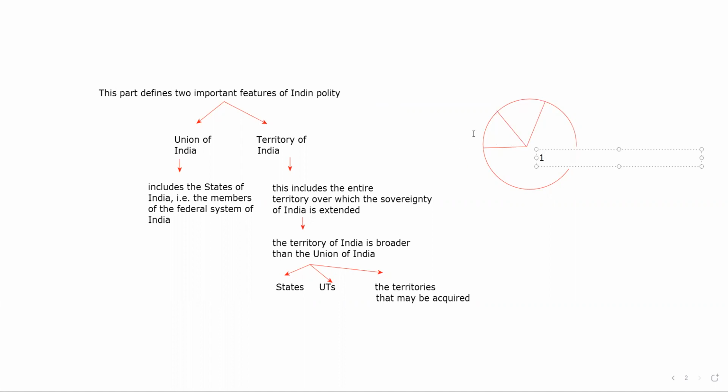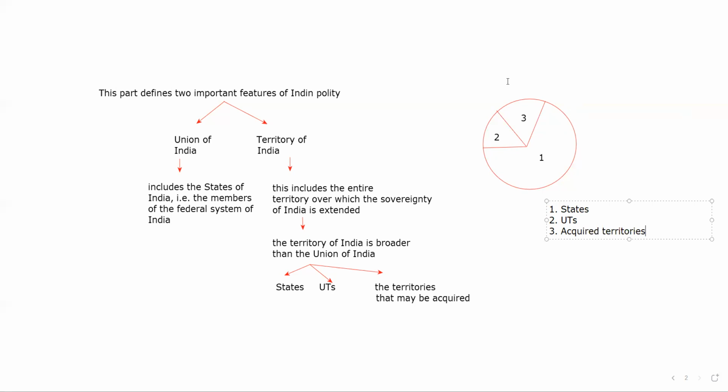This is one, this is two, and here is three. One means the states, two means the UTs, and three means the acquired territories. So this is what we mean by the territory of India.